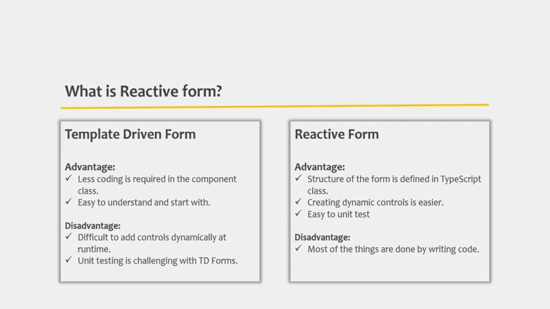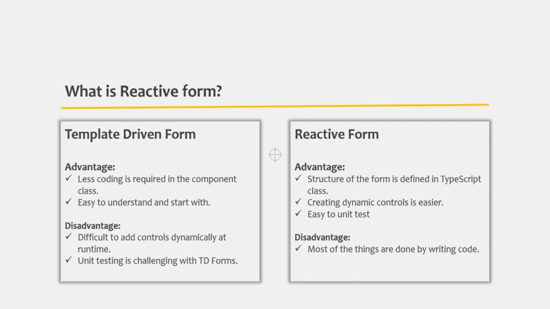That means we create the form model with form groups, form controls, and form arrays in the component class. And we also define the validation rules in the component class itself by writing some code. And then we need to bind the form group and form control which we have created in our component class to the HTML form in the view template. And we are going to understand this with an example.